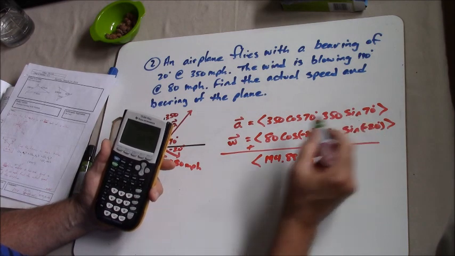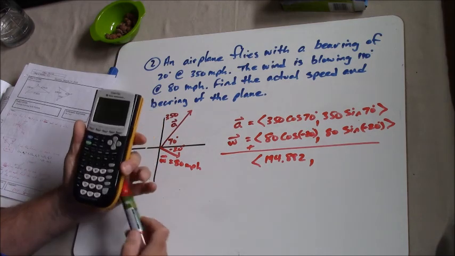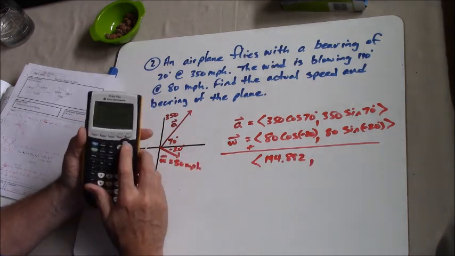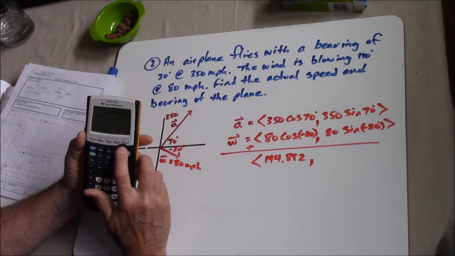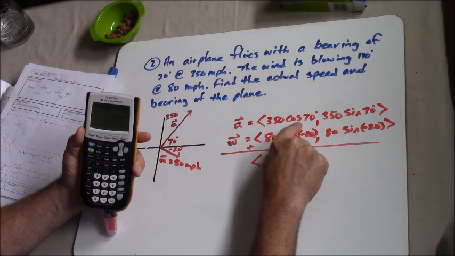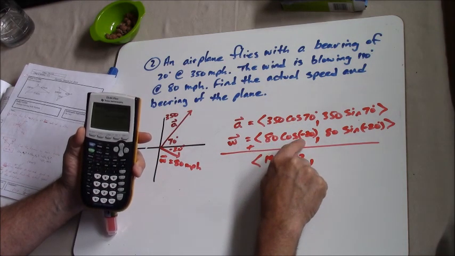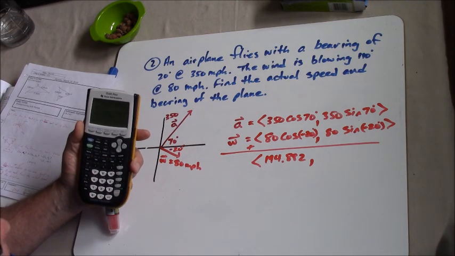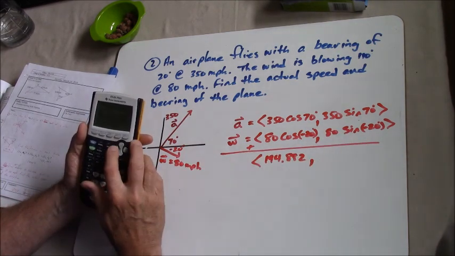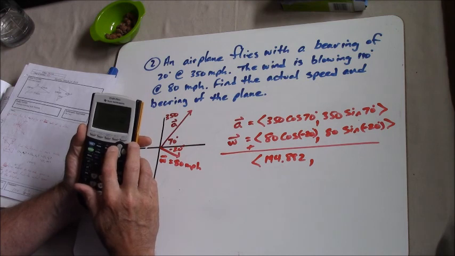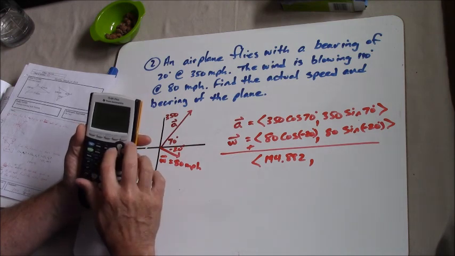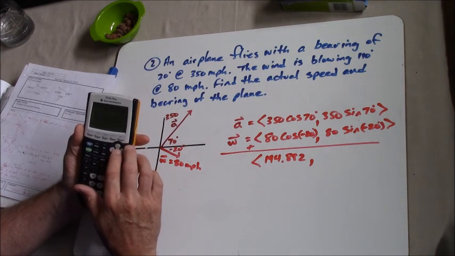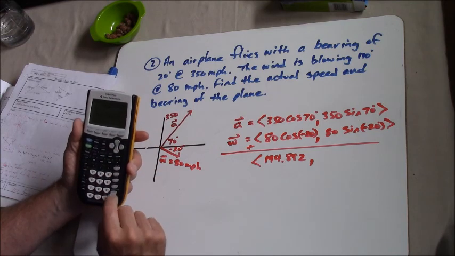And now I need to do this. Here's a way to speed this up a little bit. Just arrow back up to where you have 350 cosine 70 plus 80 cosine negative 20. Hit enter and just change the cosines to sines. So put a sine there. Put a sine there.